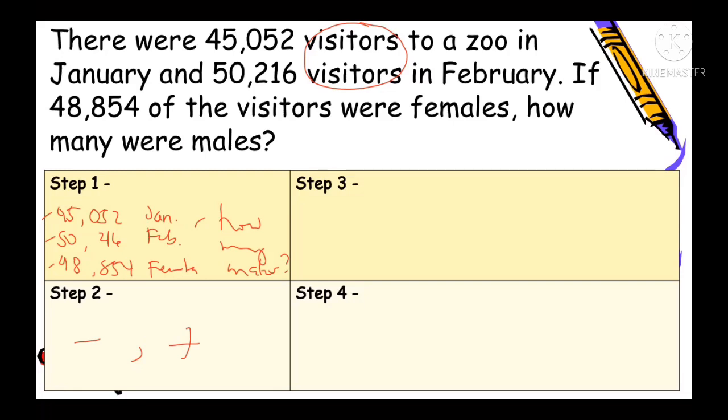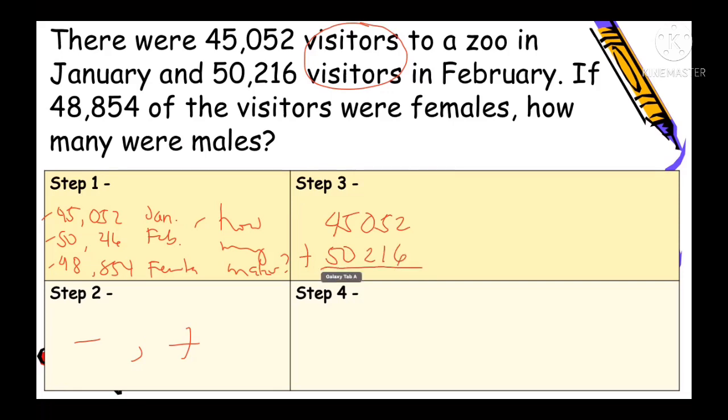Okay, so let us first identify what numbers needed to be added and needed to be subtracted. Okay, so here we need to combine first the visitors in January and February. So in January, we have 45,052. We will plus that one into our number of visitors in the February, which is 50,216.